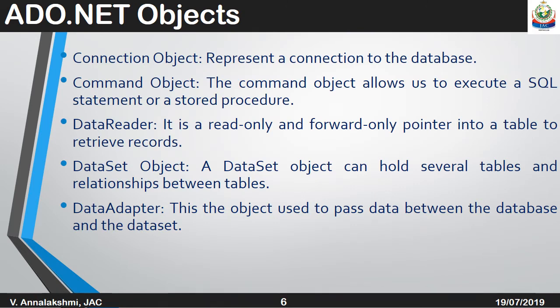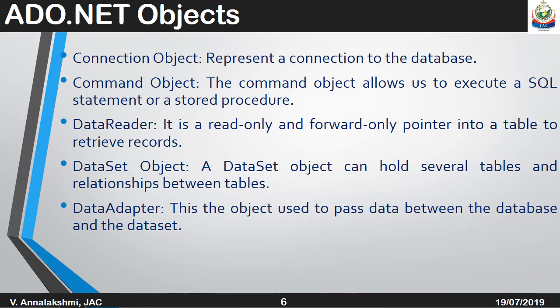ADO.NET objects. ADO.NET has the following objects, such as the connection object. The connection object represents a connection to the database. The second one is the command object, which allows us to execute a SQL statement or a stored procedure.